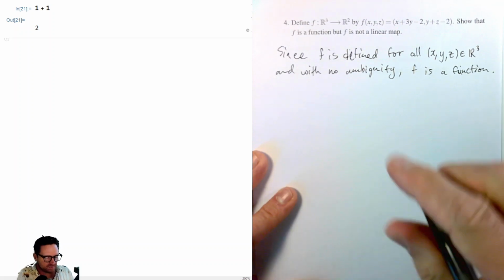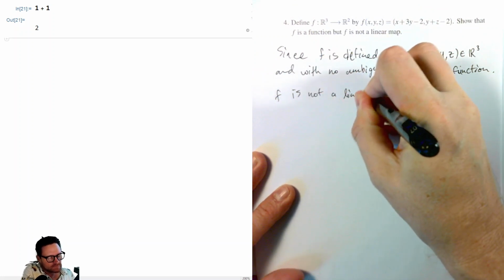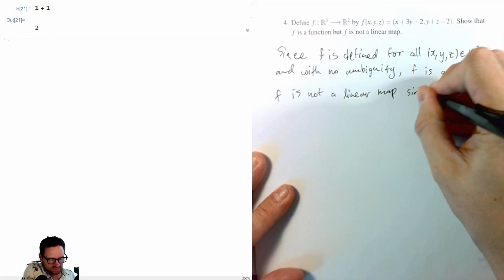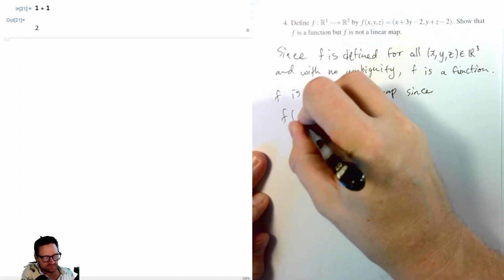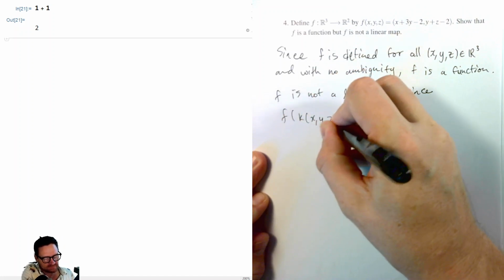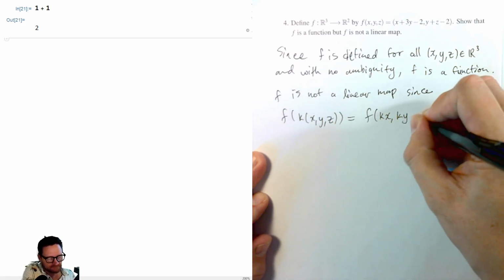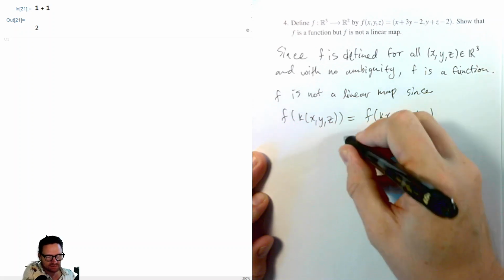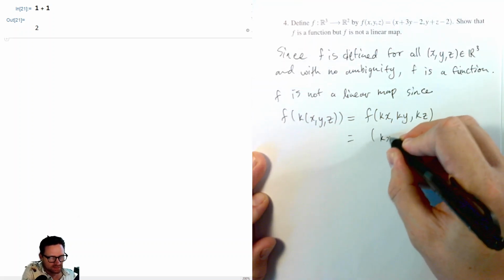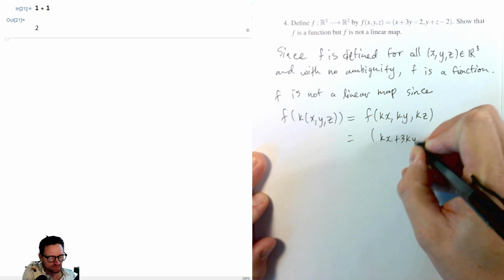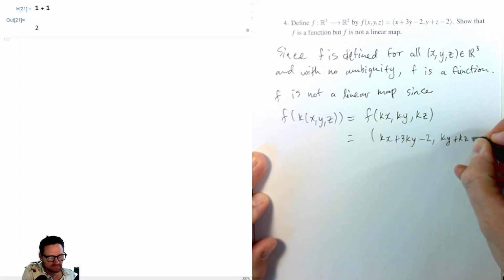Okay, but it's not a linear map. Since if we just consider the third condition of a linear map, f of k times x, y, z is f of kx, ky, kz, which is, according to this rule, kx plus 3ky minus 2, ky plus kz minus 2.